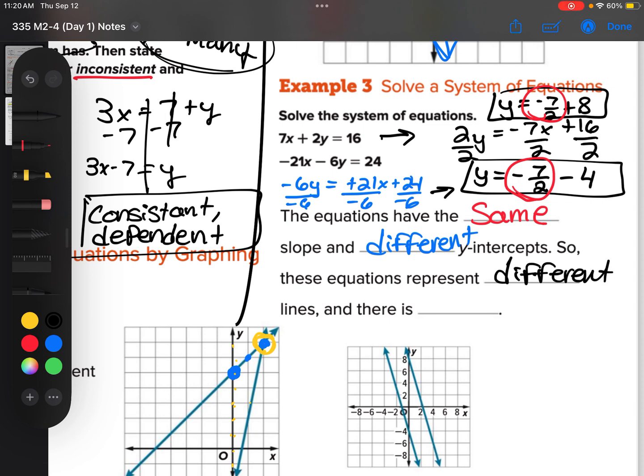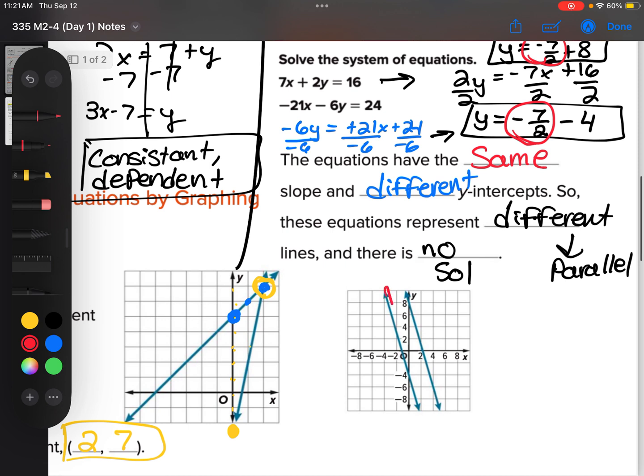Different lines, and they're also parallel, okay? And there is no solution because they never intersect. So these lines are not dependent, so they are independent lines. Actually, they're not even independent because they don't have a solution. And they're inconsistent because they don't have a solution either.